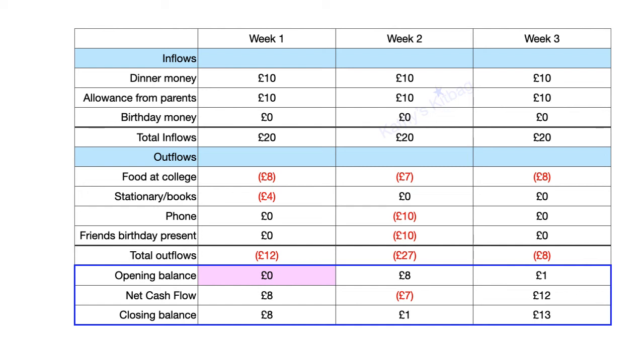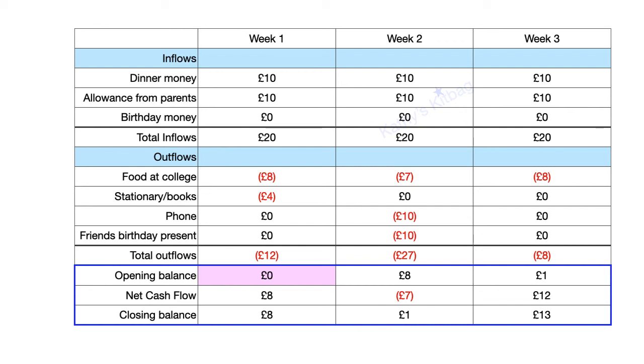That is carried forward into week 2, and it's only just more than their outflows. So that leaves them with a closing balance of 1 at the end of that week, and that's carried forward into week 3. And again, things start to get a bit more healthy in week 3, because here their inflows are significantly higher than their outflows again.